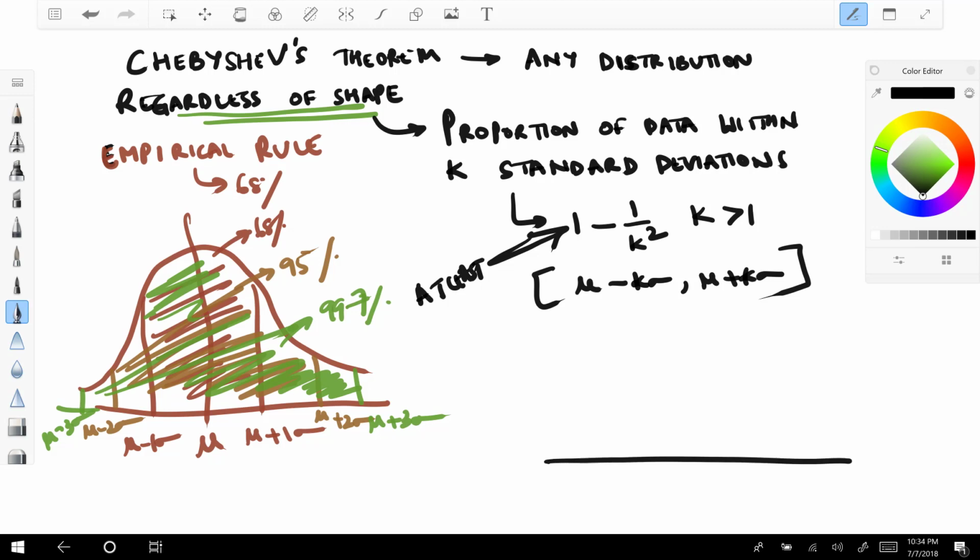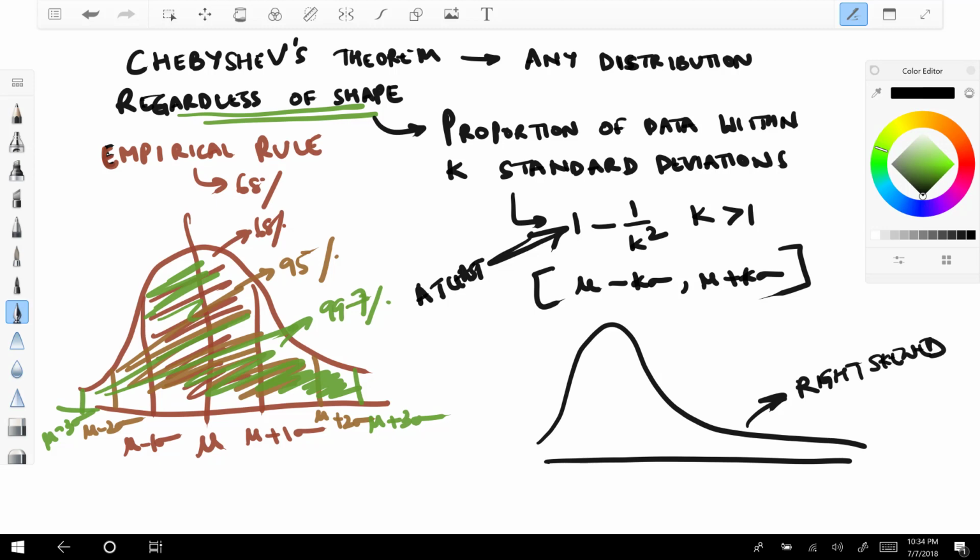One of the curves might be, suppose it is right skewed. So this is a right skewed curve. So suppose this is mean mu.